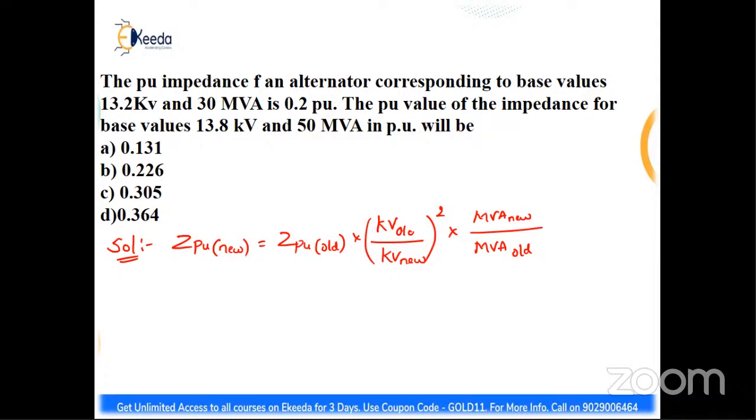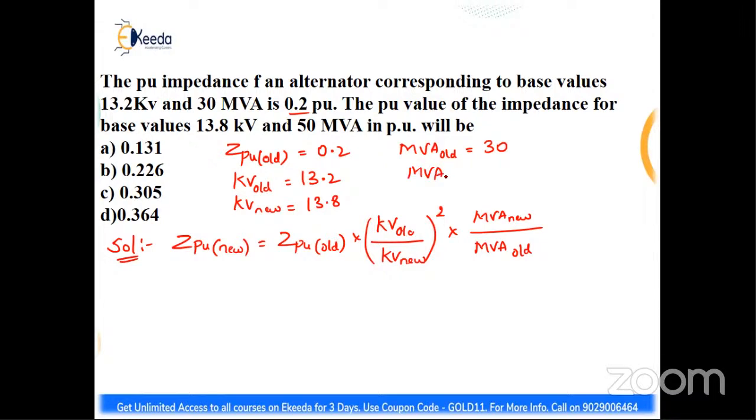So what is the ZPU old value? We write here ZPU old is equal to 0.2, and kV old is equal to 13.2, and kV new is equal to 13.8, whereas MVA old is equal to 30 and MVA new is equal to 50.